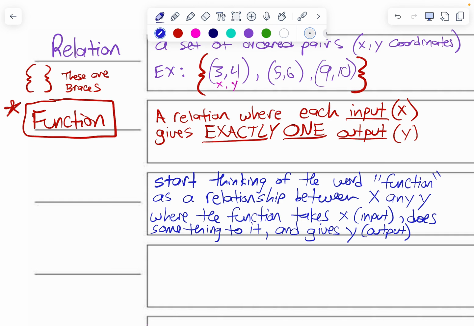So by that description, do you see that you've actually been working with functions for years now? Interesting, right?